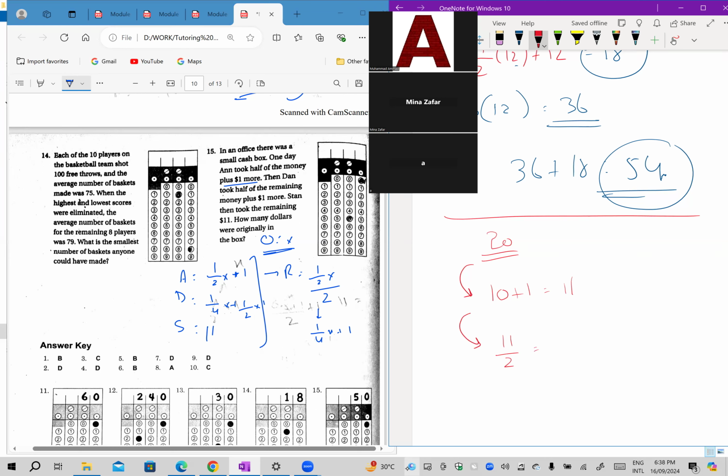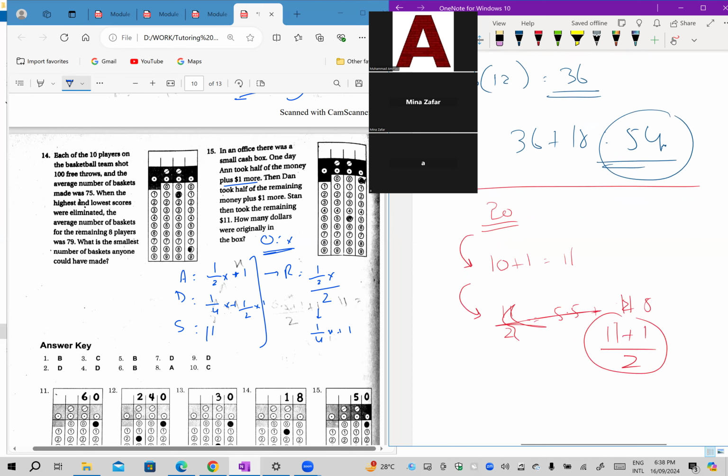Which will be 5.5, plus one more. So let's think of these extra dollars as also remaining amounts. You write the entire amount like this: half of 11, plus 1 divided by 2. So that 1 also gets divided, basically, okay?